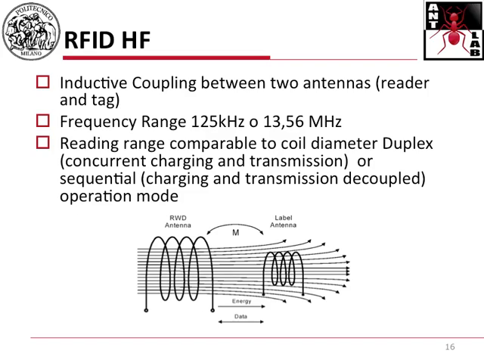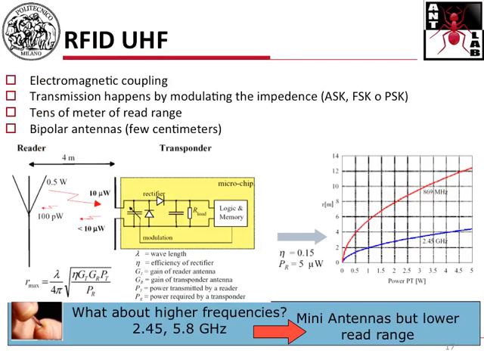So it must be comparable to the diameter of the antenna which is used to generate the field itself. That's why I cannot have coils which are hundreds of meters, because otherwise I would have a reader which is 100 meters long. That's why I have to keep this range very short. That's just a technical detail.